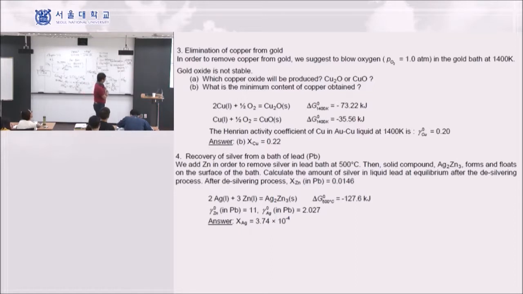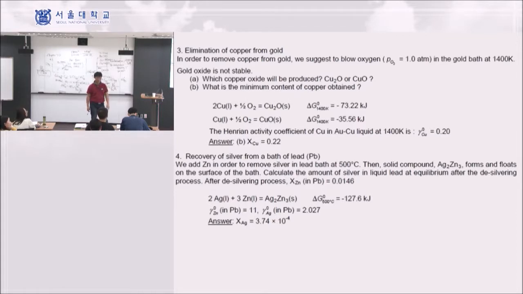And now actually, there are two kinds of copper oxide in reality. CuO and Cu2O. In the previous question, I said it's Cu2O, so it's easy. We don't have to worry about two different kinds of oxide. But now, you have to say whether it will produce CuO or Cu2O. Okay, and then based on that, what would be the minimum copper solubility, the copper impurity we can control.